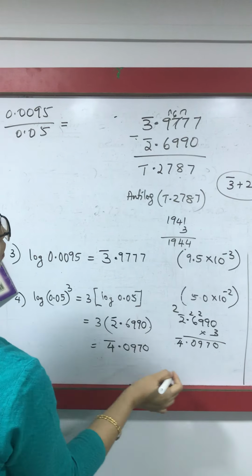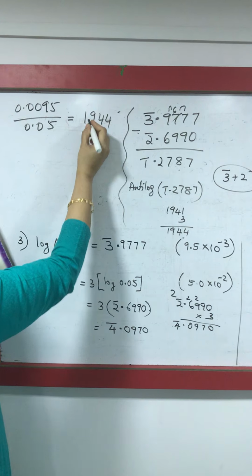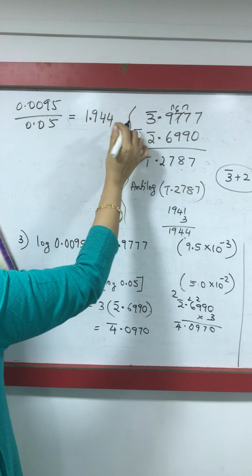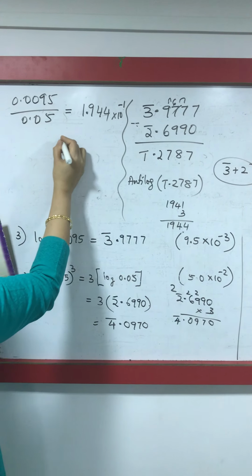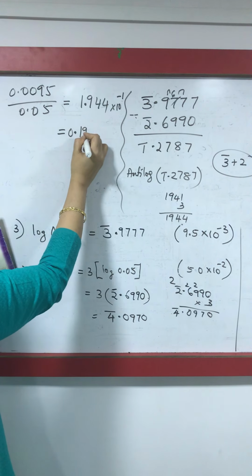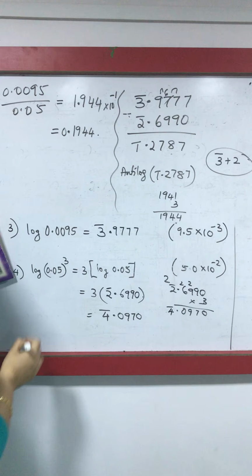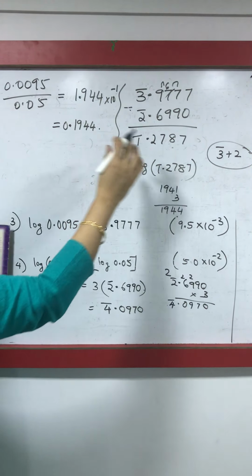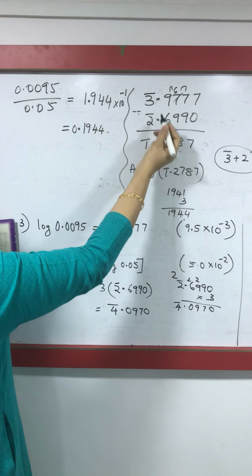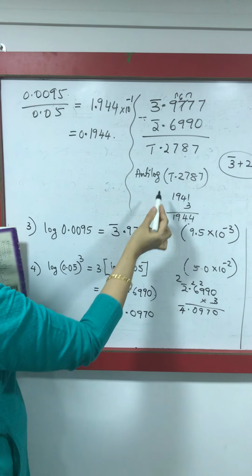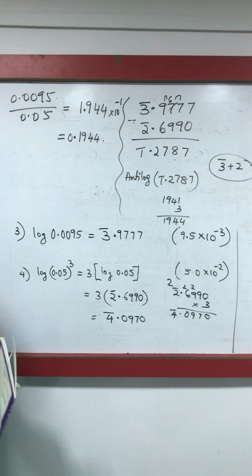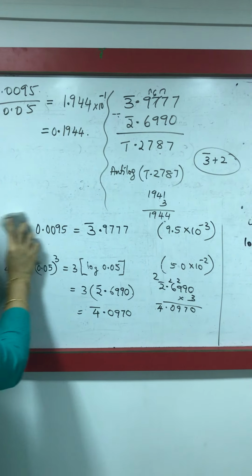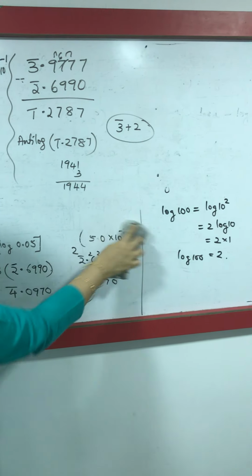Characteristic is bar 1. So we are going to write it as 1.944 into 10 raised to minus 1, which we can also write as 0.1944. So here we have taken the logs to solve it, and therefore we will also take anti-log and write our answer. This is how you will do the calculation.